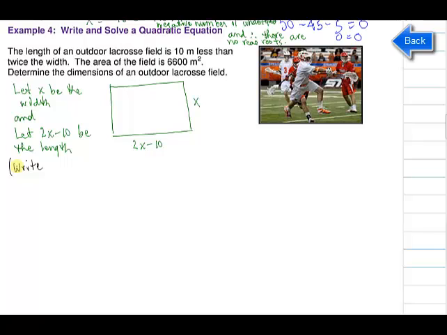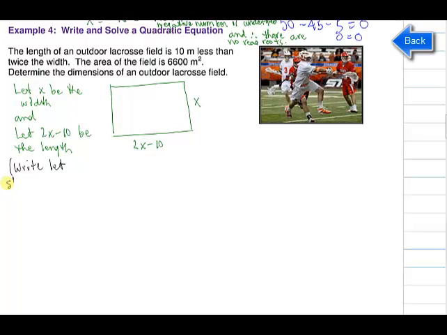Okay, but for these questions, write let statements using one variable. Okay? All right. So we have expressed our length and our width as x and 2x minus 10.